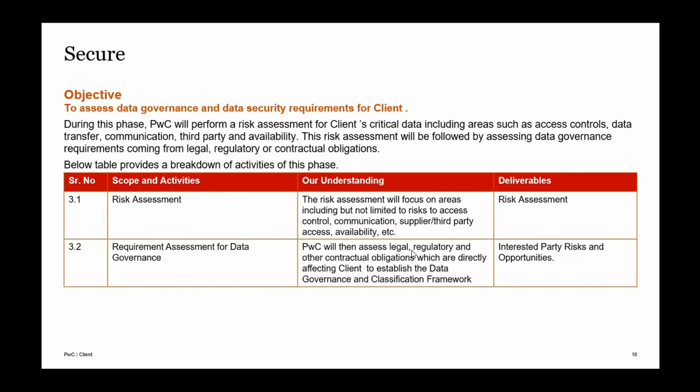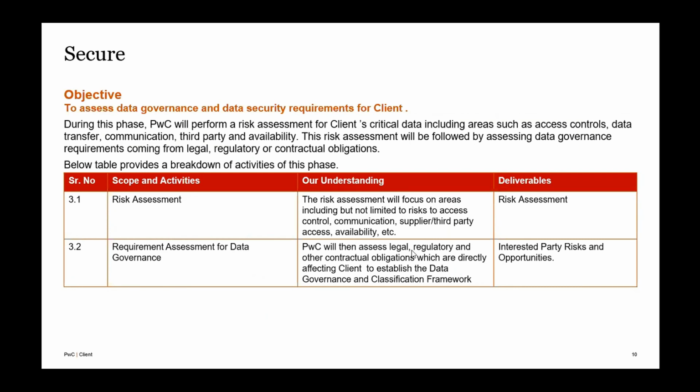And then if you look at securing, whatever data we collected through the data inventory, we would carry out a risk assessment for each data element, and we would give you a risk assessment with how we are going to mitigate those risks.